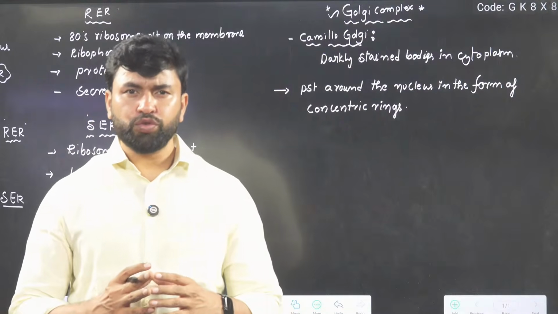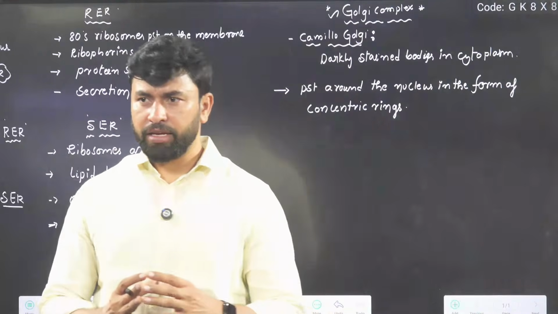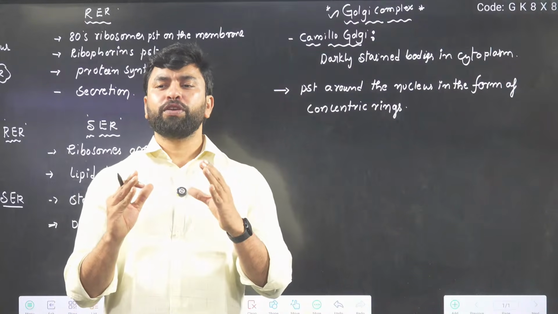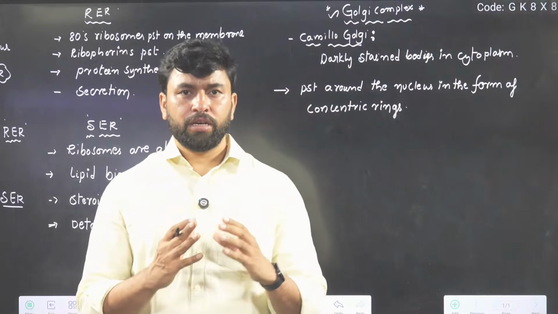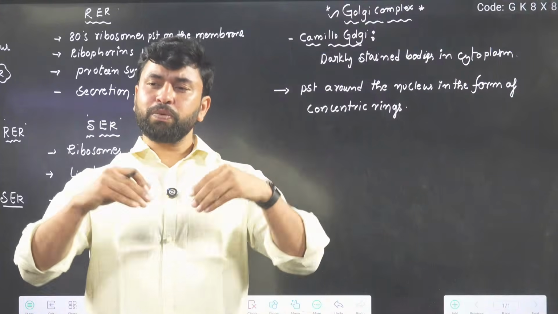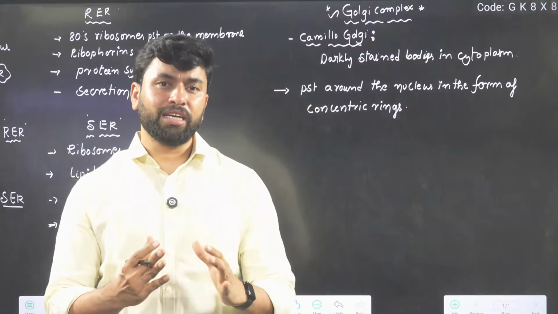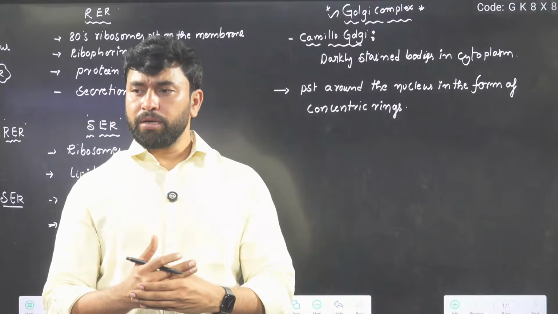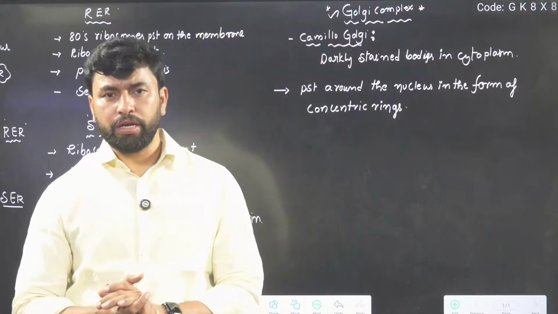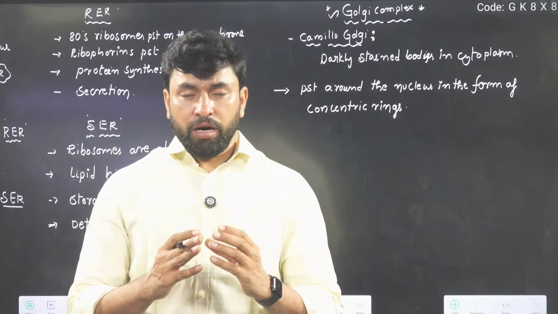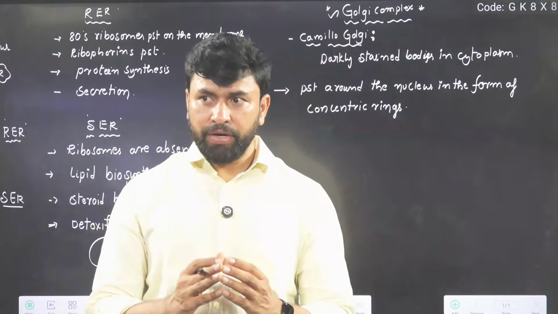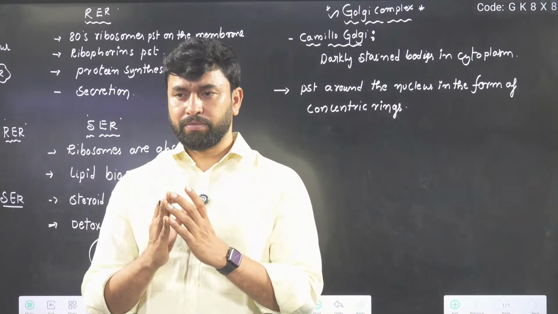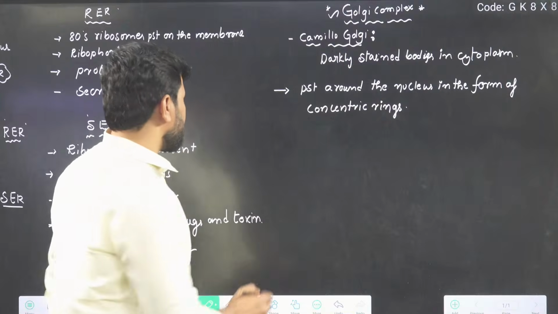But endoplasmic reticulum itself has come from the outer membrane of the nucleus. In that case, the outer membrane of the nucleus is responsible for the formation of the Golgi complex indirectly. Directly it does not come from the outer membrane. First the endoplasmic reticulum comes, and after that there is development of the Golgi complex. So always, wherever it is present, the Golgi complex develops around the nucleus in the form of concentric rings.